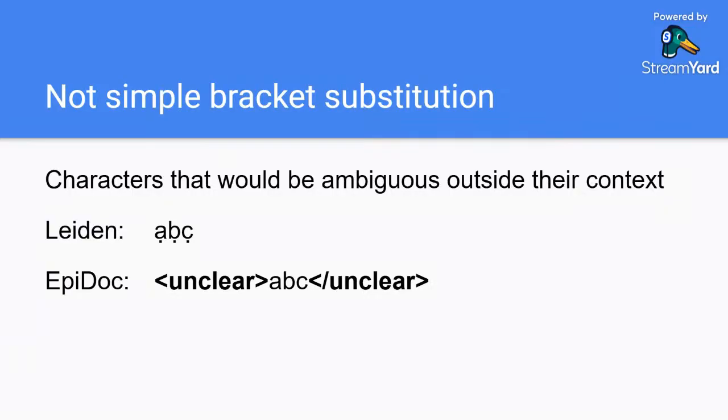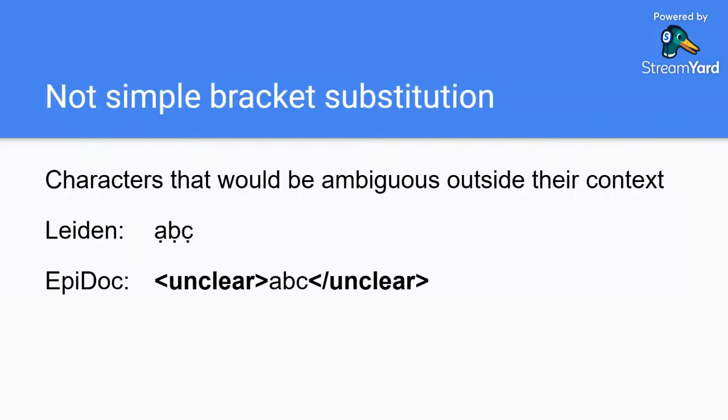And actually, if those letters were in isolation without any context, we couldn't be 100% unambiguous as to what letter that is. So even if we're absolutely sure what letter it is because of its context in the middle of a word, it can only be one thing. If it wouldn't be unambiguous outside of the context, we print in Leiden with dots under those letters, and in EpiDoc we use the TEI element unclear to represent that.